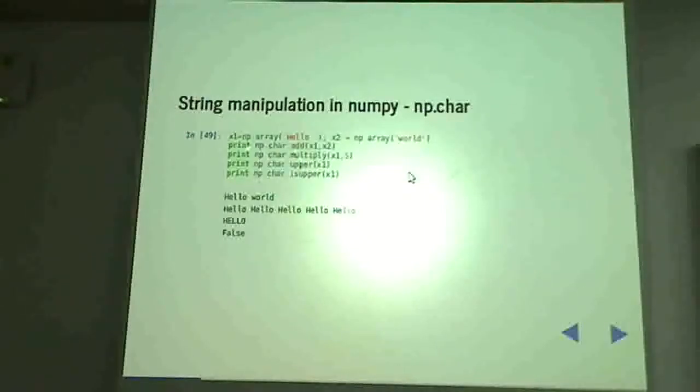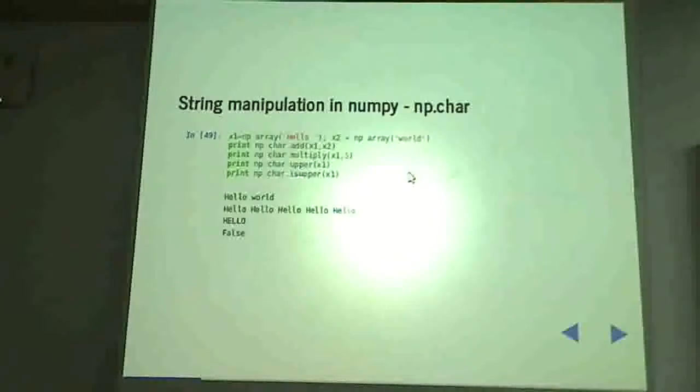Now if I add two strings together, it basically concatenates them together. If I take the first string, which is hello, and give a second argument 5 and use the multiply function, I am basically repeating that string. I can convert strings into uppercase.